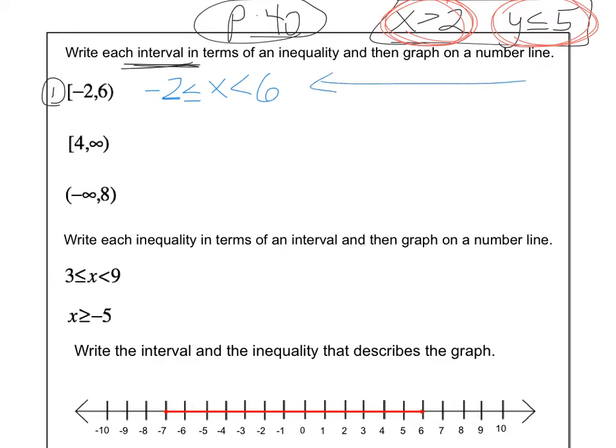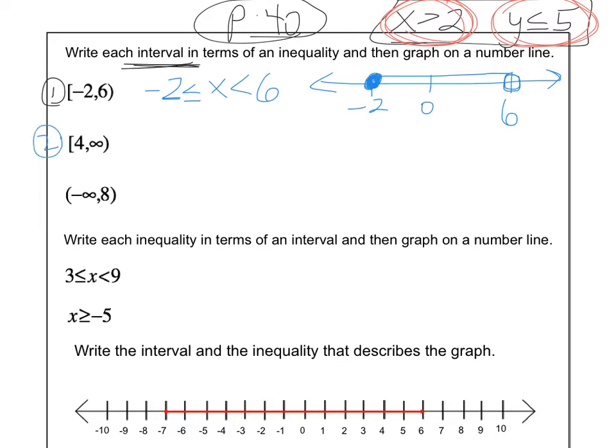On a number line, -2 is here, 0, and +6. When you have something less than or greater than or equal to, we give it a closed circle. So we put a closed circle at -2, open circle at +6, and we connect the dots. There's my solution set for the inequality, -2, 6.